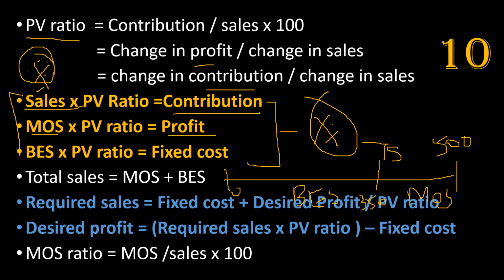For example, if 10,000 is the margin of safety and the total sales is 20,000, then 50% is the margin of safety ratio. So these are the 10 important formulas you should remember in order to get the other formulas.